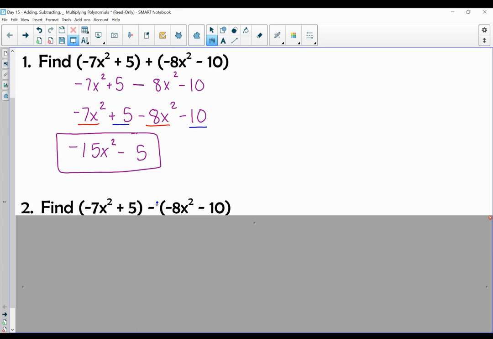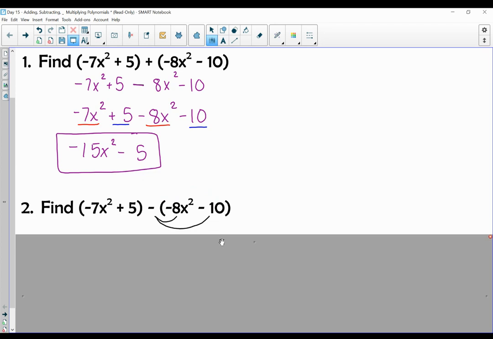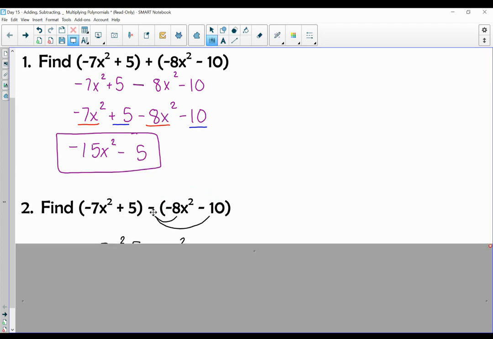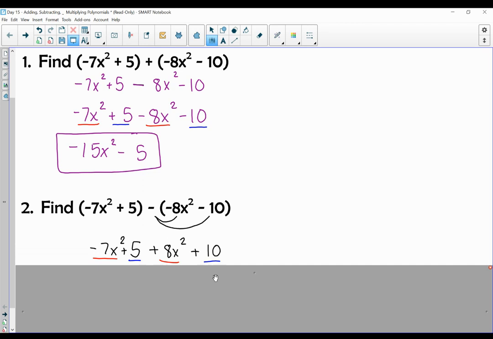So this is really saying minus 1, which we know needs to be distributed in here. Okay? So when we distribute that negative 1, the sign is just going to change. It's just going to become a positive 8x squared and a positive 10. So subtraction is really cool because it's very similar to addition.